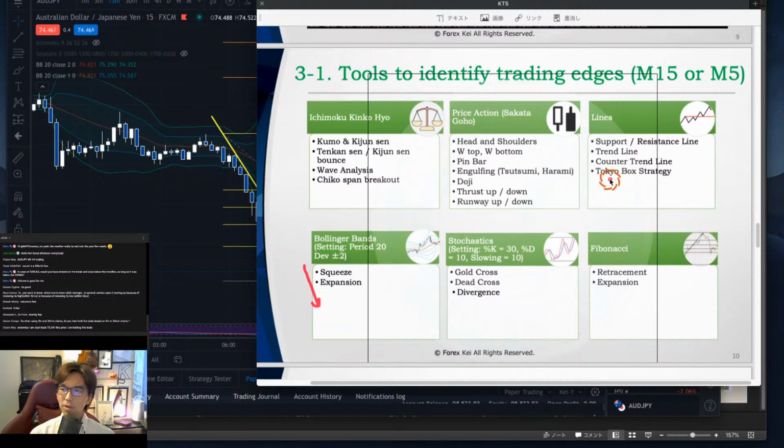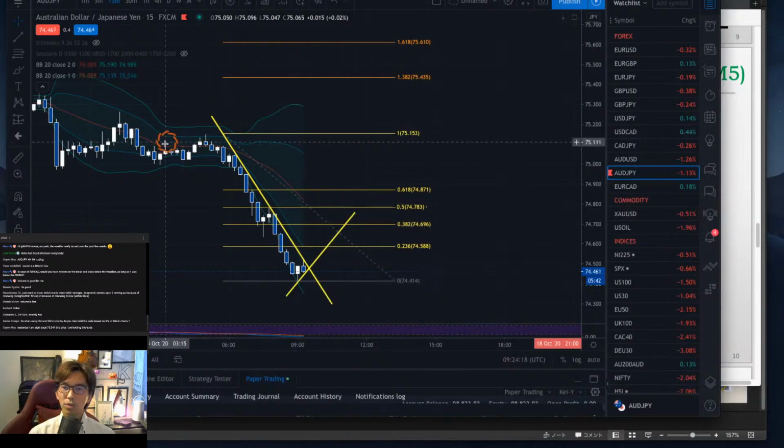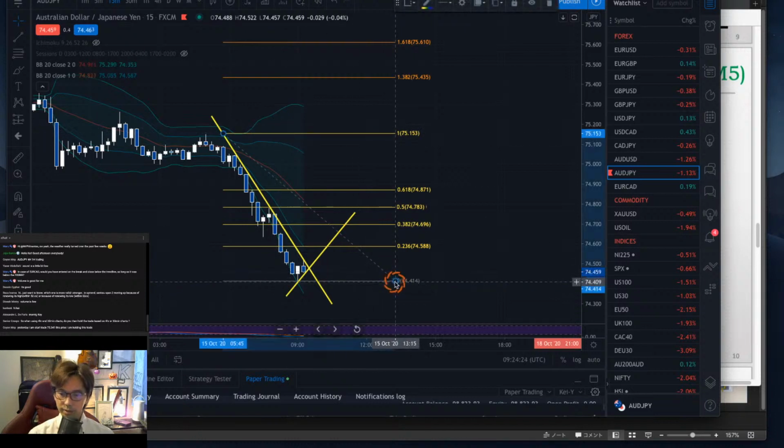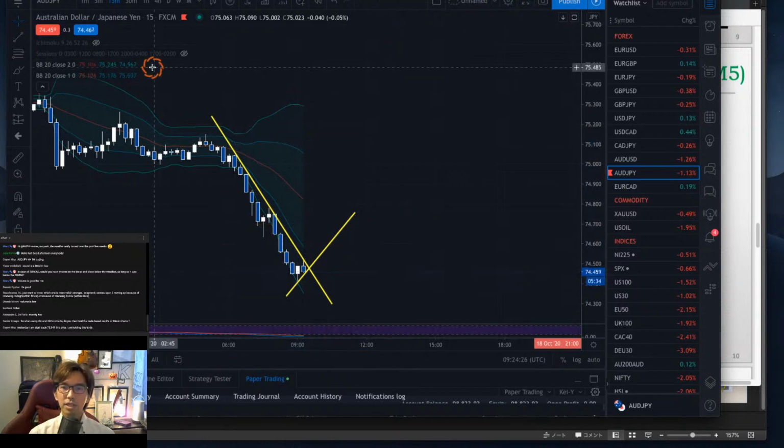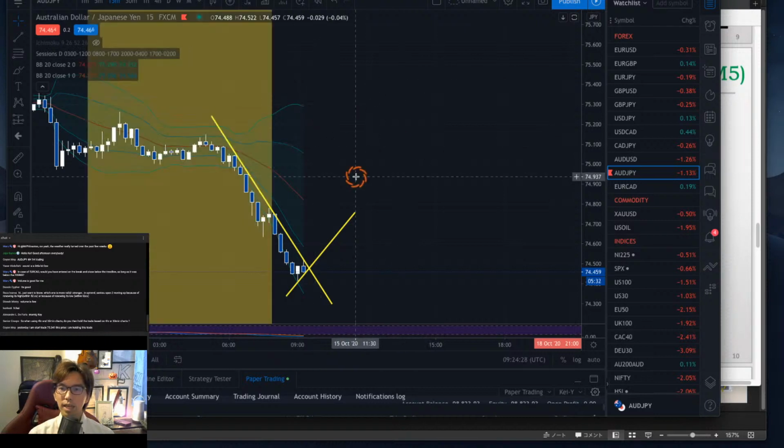And oh yeah, Tokyo box strategy. This is also additional confirmation to sell. So let me show the sessions indicator. Let me take out this Fibonacci for now. And I will just show the sessions, and I found that the Tokyo session ended exactly on this candlestick, and the low was here in Tokyo.